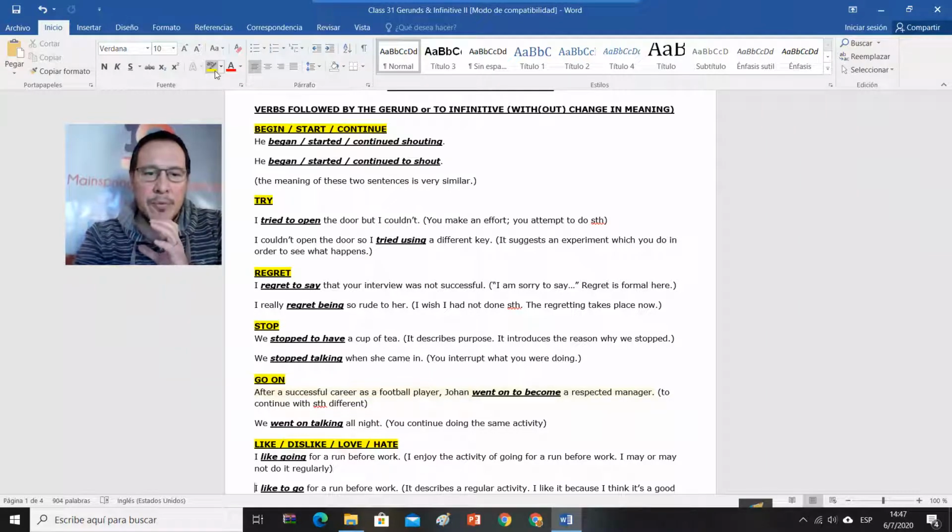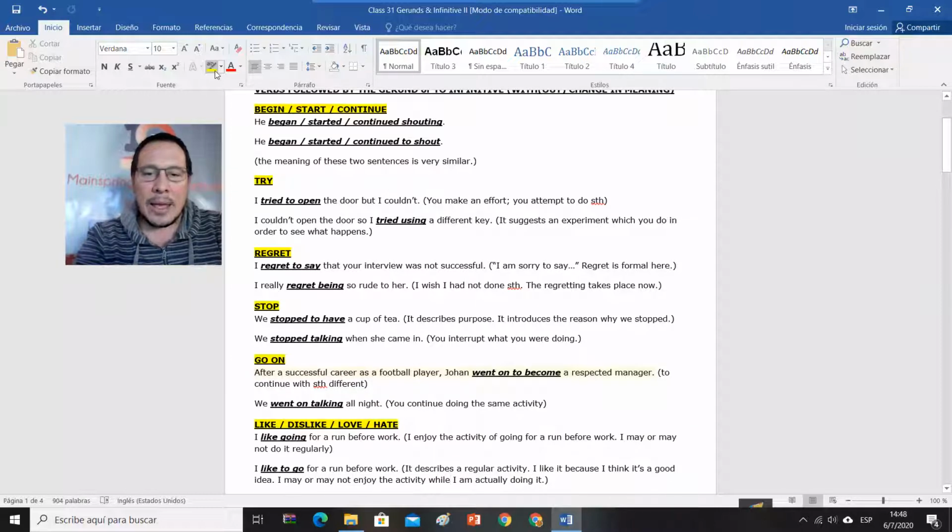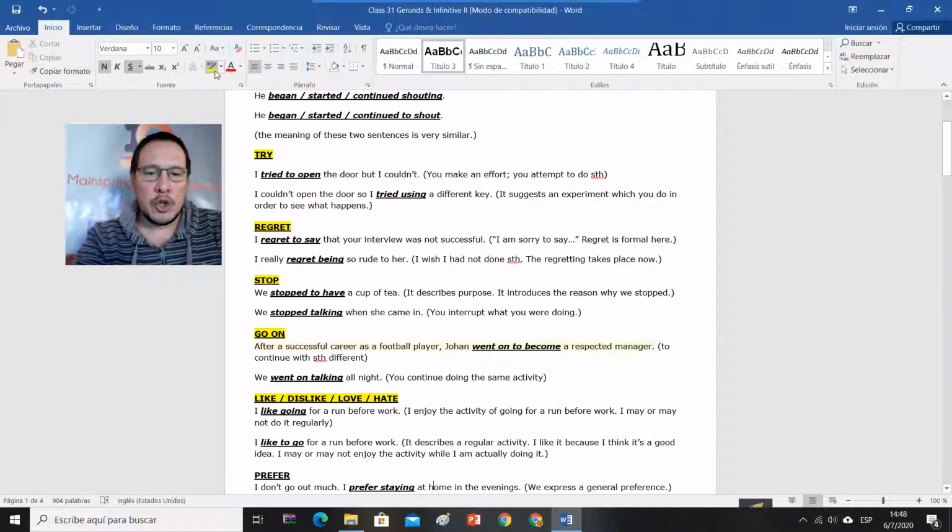Now, if you say I like to go for a run before work, it doesn't mean that I enjoy it. It describes a regular activity. I like it because I think it is a good idea. I may or may not enjoy the activity while I am actually doing it.